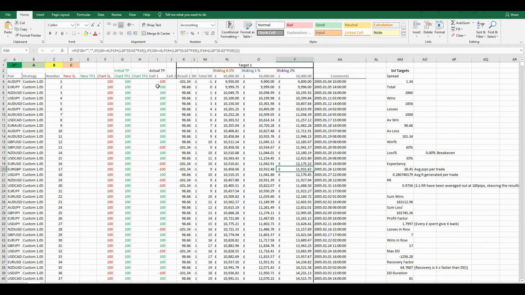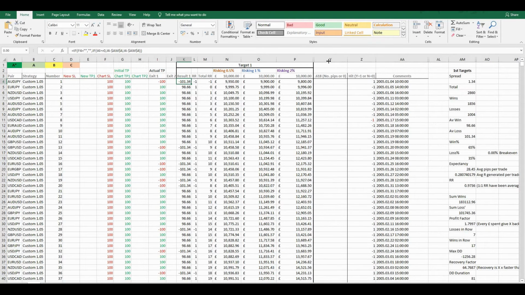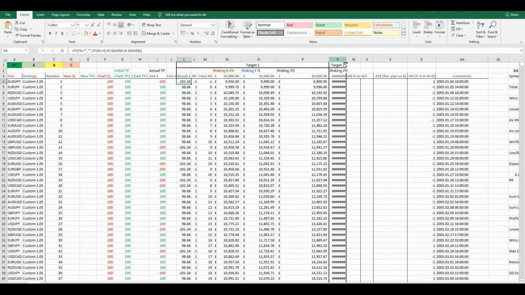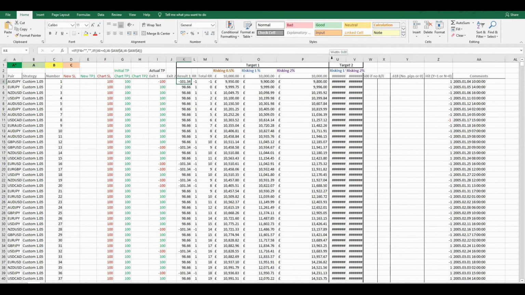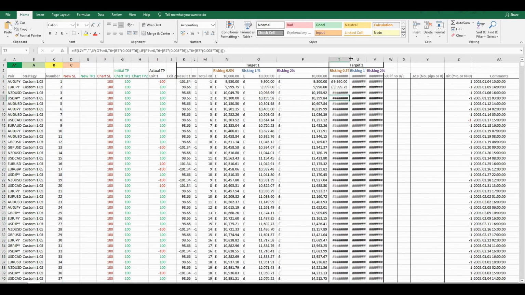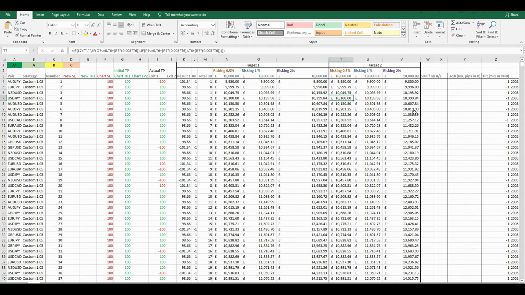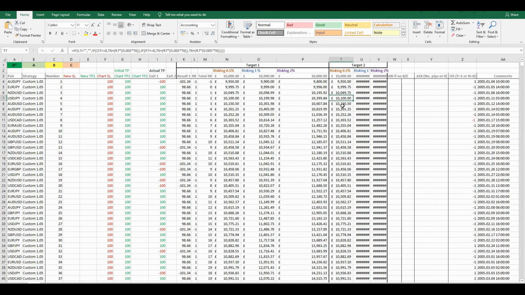So you literally just type everything into these 3 boxes here, and if you've got profit target 2 and exit 2, then you can type them in as well, and it'll work it out for you in the other areas here. I obviously don't have target 2, so mine stays exactly the same as it would in target 1. I hope that makes sense.